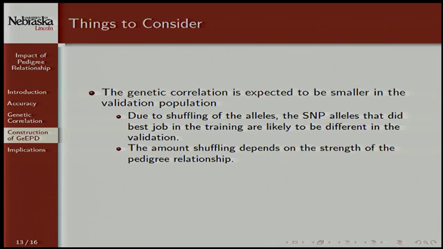Part of the reason we expect it to be smaller is we're going to have a shuffling of those alleles. We could be really close in terms of having the SNP and the QTL allele close together, but those alleles, those Ms and Qs, get shuffled around. And the amount of shuffling depends on the strength of that pedigree relationship.